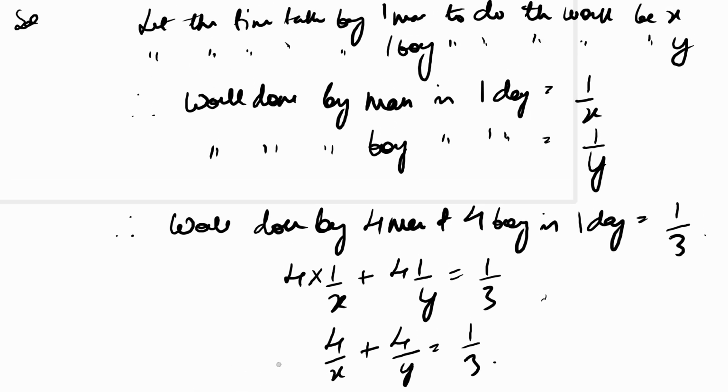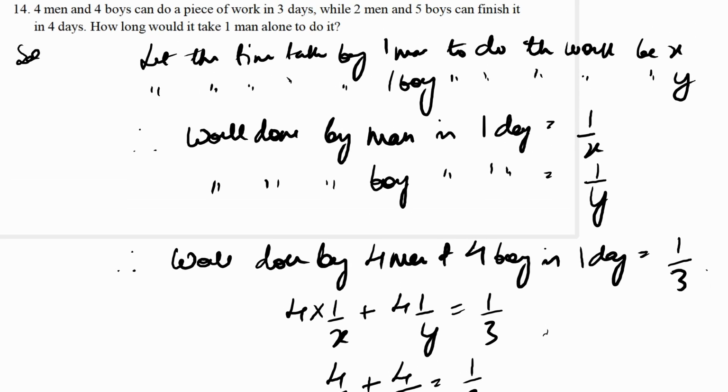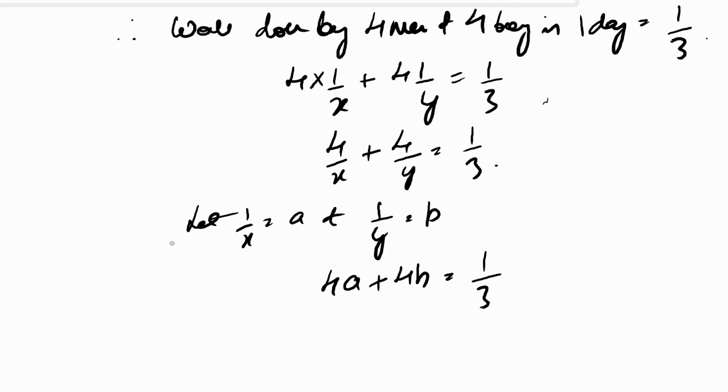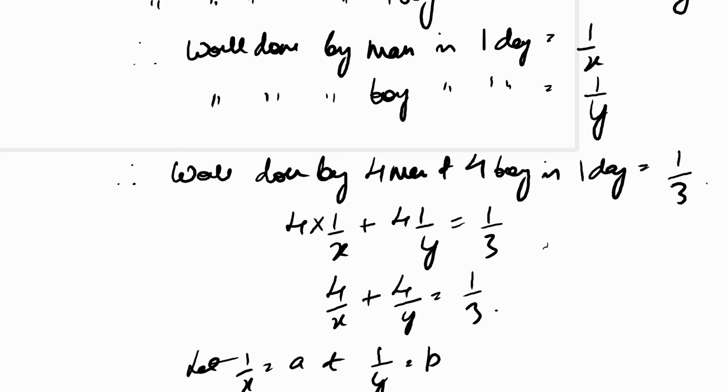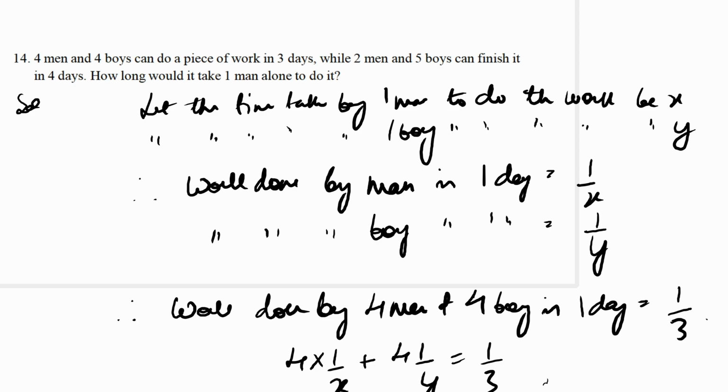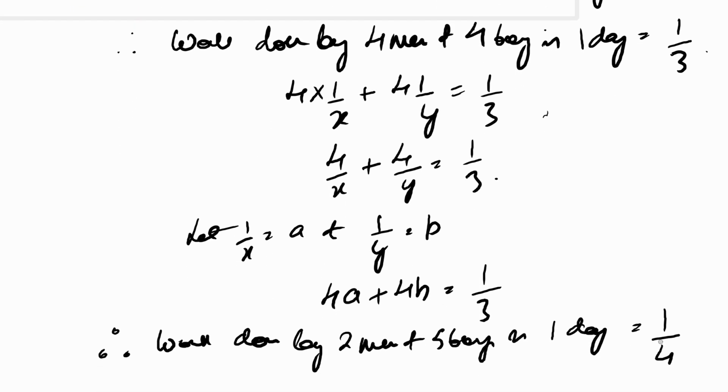Okay. Now the next part is, 2 men and 5 boys can finish the work in 4 days. So work done by 2 men and 5 boys in 1 day will be 1 by 4.